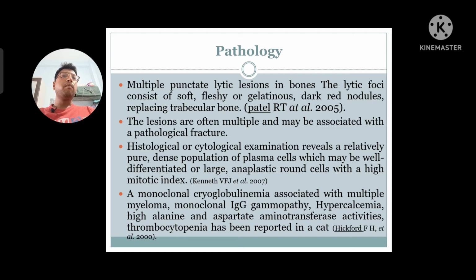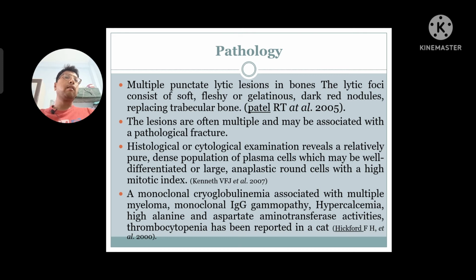The lesions are often multiple and may be associated with a pathological fracture. So sometimes the feline has been found with multiple fractures, or in radiographs they have seen lytic activity, lytic lesions in the different long bones.